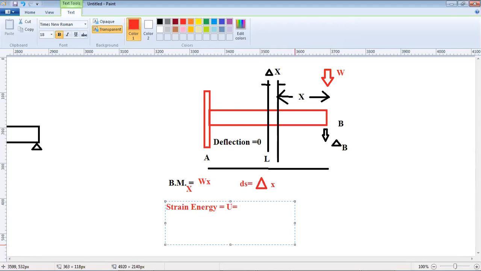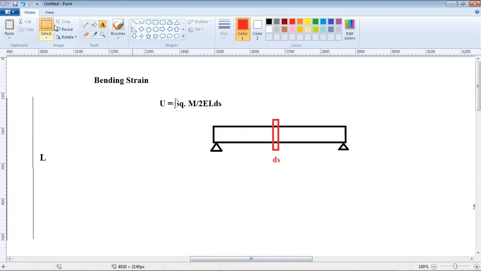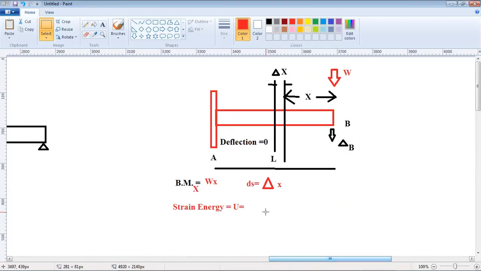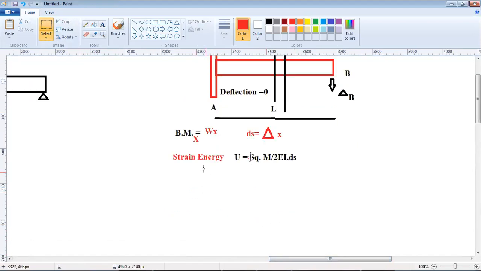What did we get from there? Let's recall that equation. U is this. So this is the value of U, M square by 2EI ds. Now what is M here?